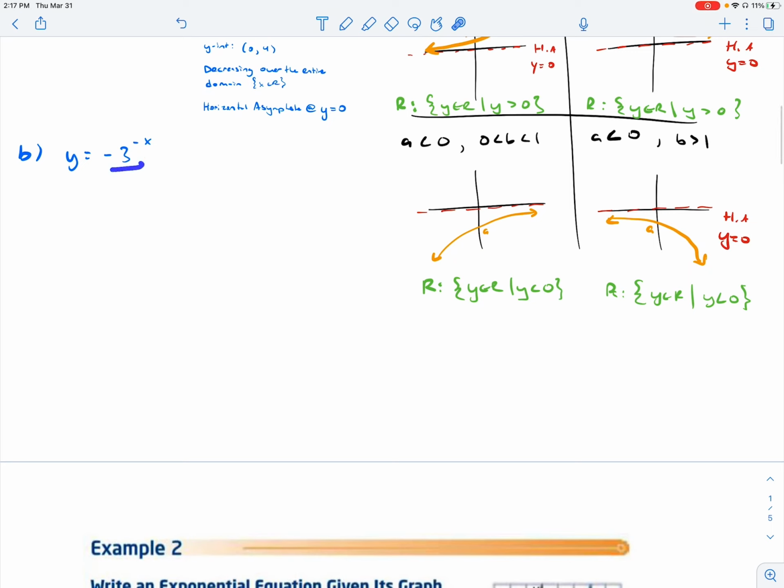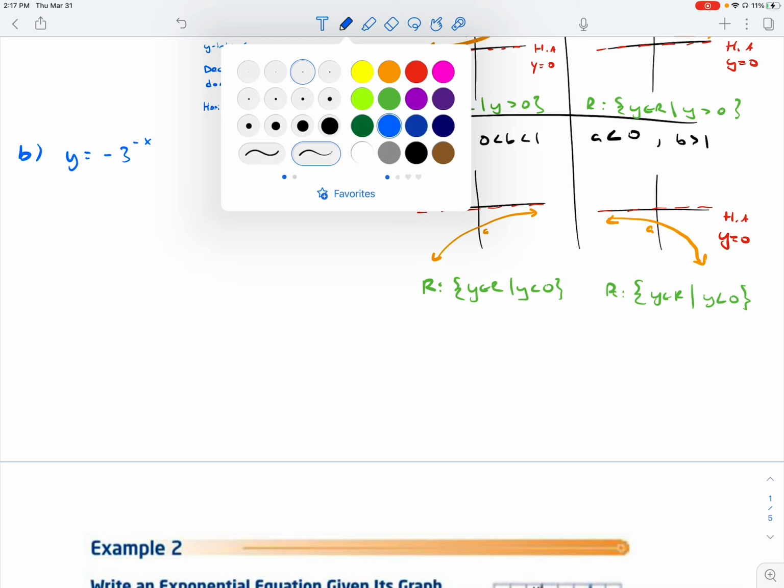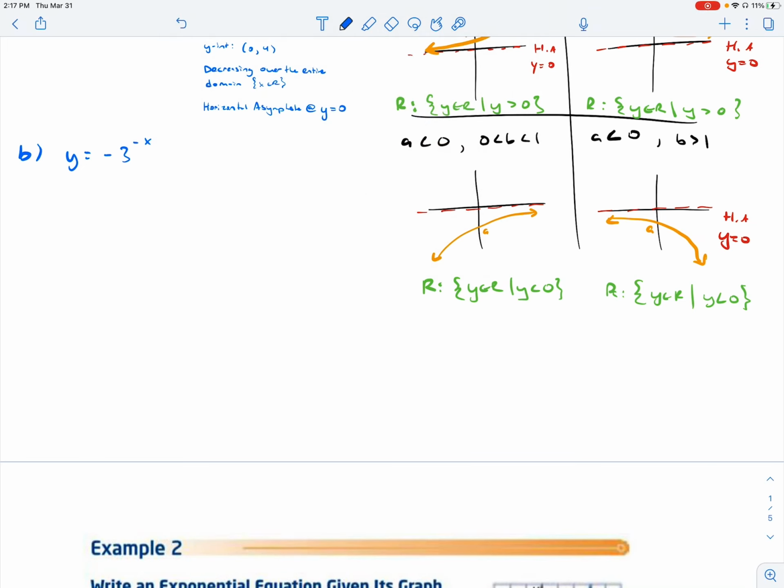So we should take the reciprocal of this base. I'm going to rewrite this as negative, and then 1/3 to the positive x. I've now taken the reciprocal so that I could change this exponent to a positive value.